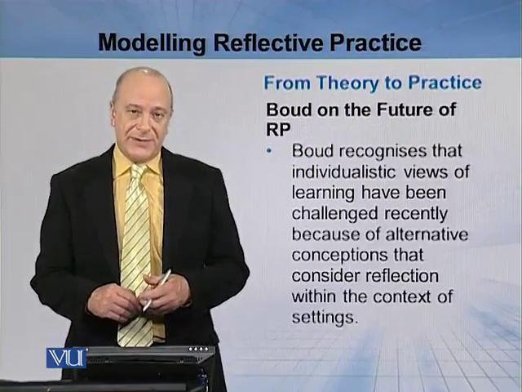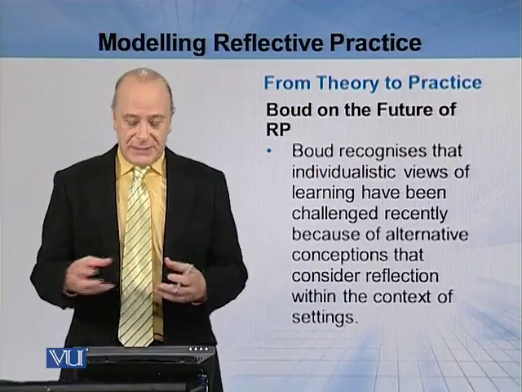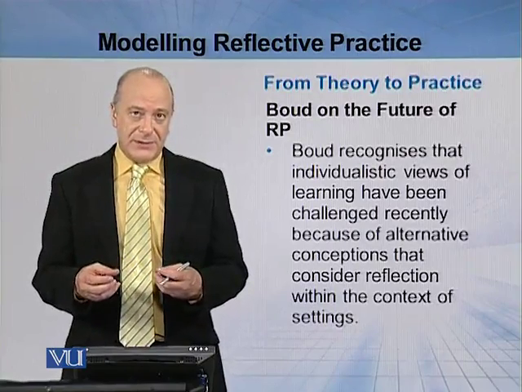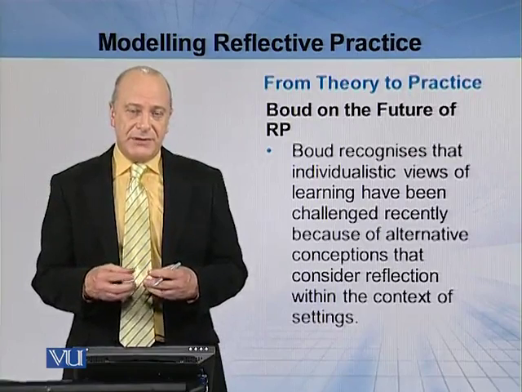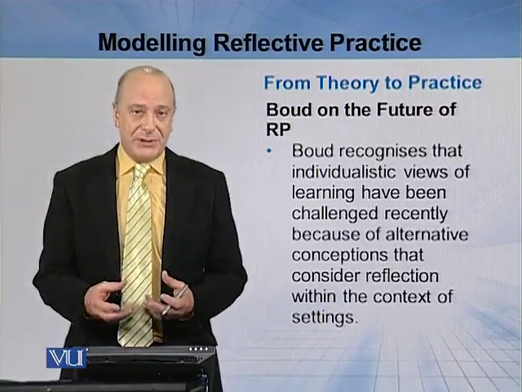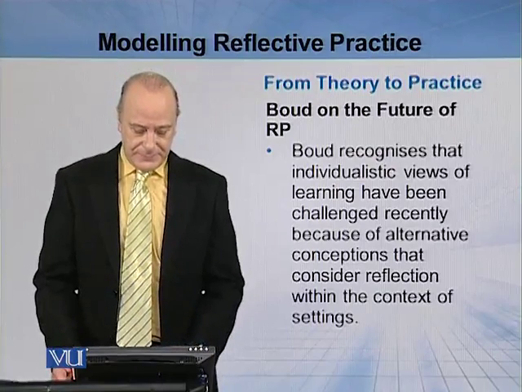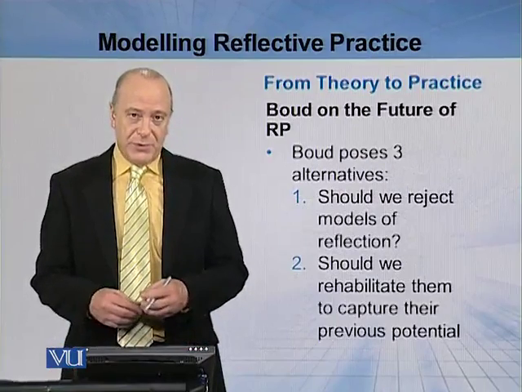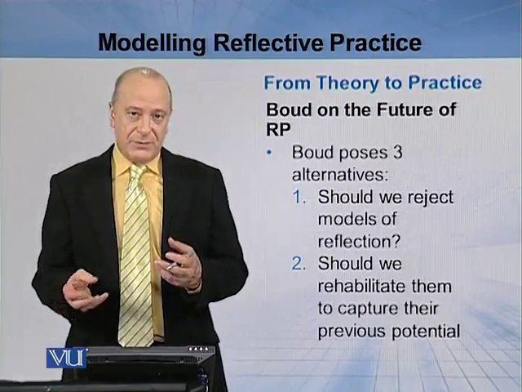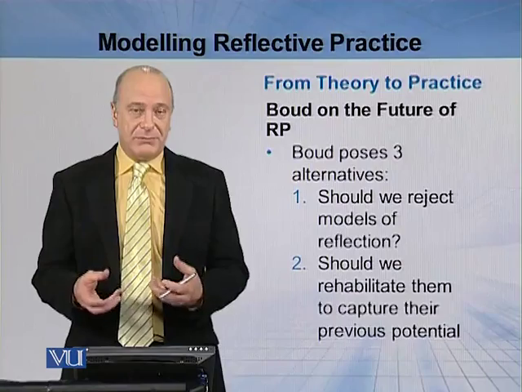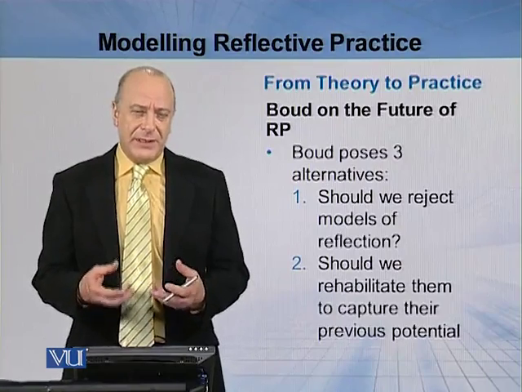Booth recognizes that this is a very individualistic process, and this can be criticized because reflective practice is very often seen as a collaborative activity. So Booth poses three alternatives and says, well, should we reject models of reflection altogether?